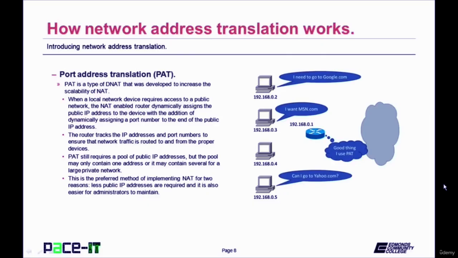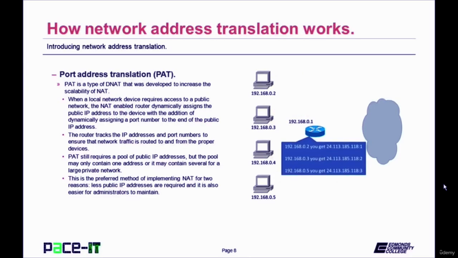When a local network device requires access to a public network, the NAT-enabled router dynamically assigns the public IP address to the device with the addition of dynamically assigning a port number to the end of the public IP address. The router tracks the IP addresses and port numbers to ensure that network traffic is routed to and from the proper devices.